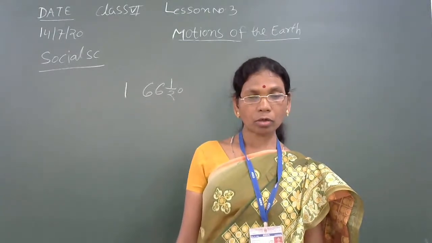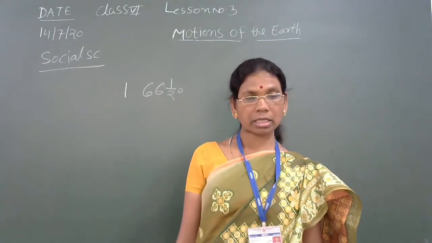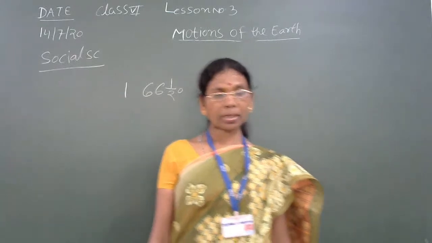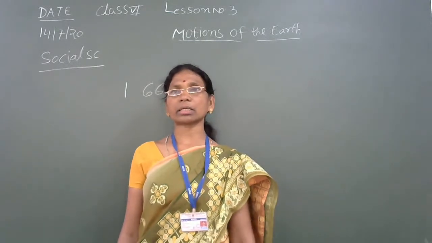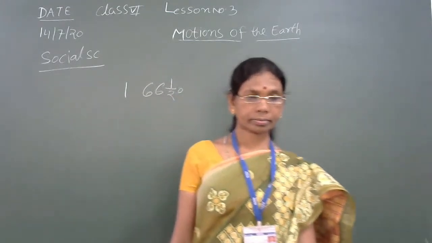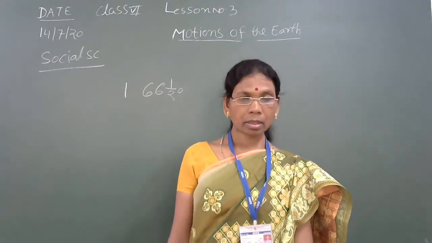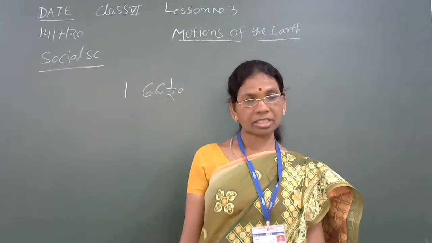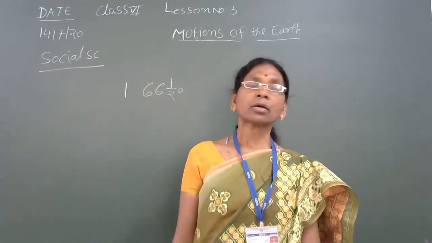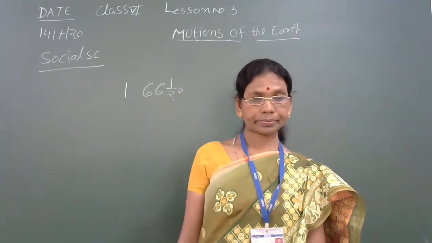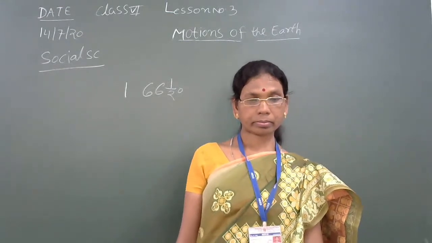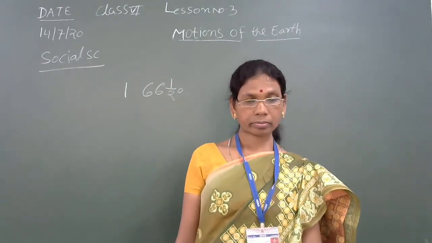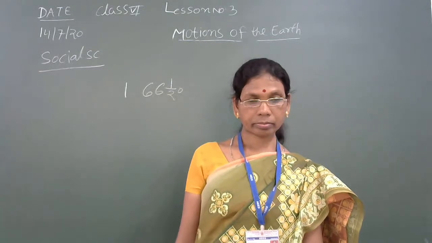The North Pole is inclined towards the sun and the places beyond the Arctic Circle. So here the northern hemisphere is getting light from the sun.